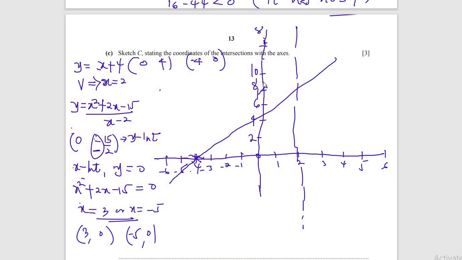This is 7.5 somewhere here. We have an intercept on the y-axis. We have an intercept at 3. We also have an intercept at minus 5. So how do you sketch the graph?